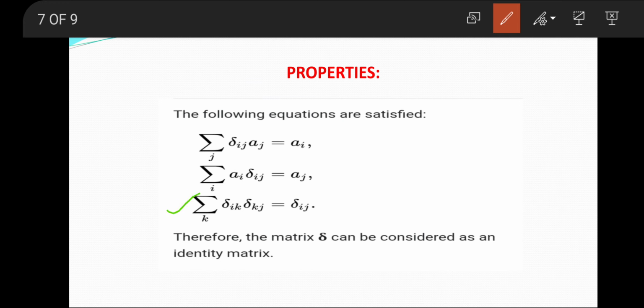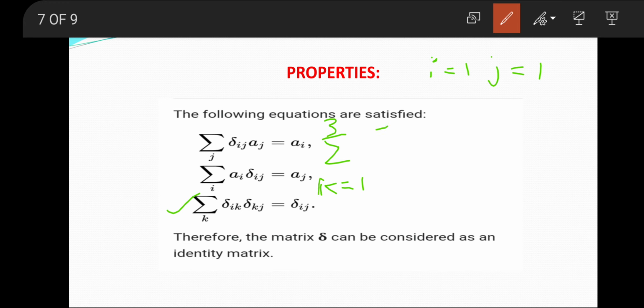Now let us consider this third property. Here it is del summation k, therefore we are doing summation k equal to 1 to 3 and we are considering I value as 1 and j value as 1. We are keeping it constant and doing summation over k value.